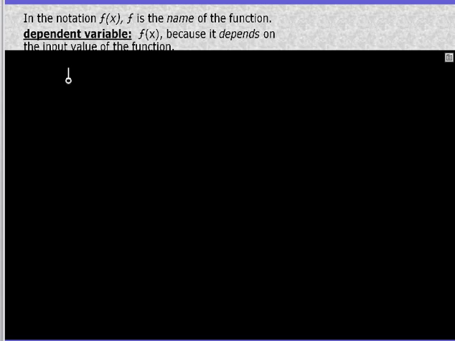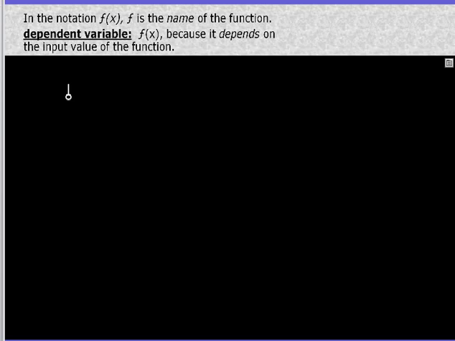All right, in the notation f of x, f is the name of the function. Dependent variable, sorry, I'm trying to read this quickly. So your dependent variable is f of x because we can't figure out what its value is without knowing what the input value is. So your f of x is your dependent variable, just like your y is the dependent variable in xy notation.